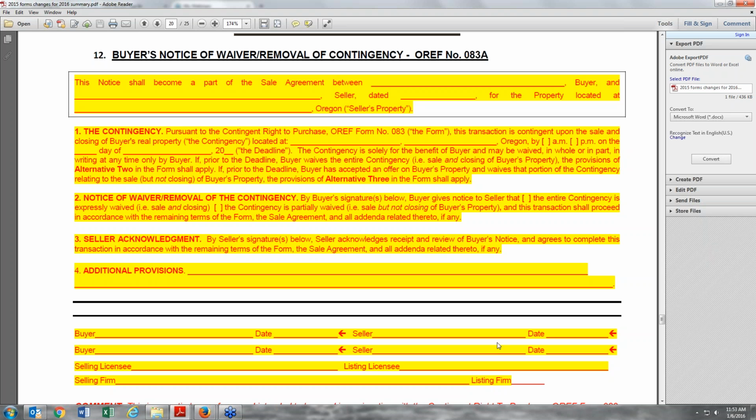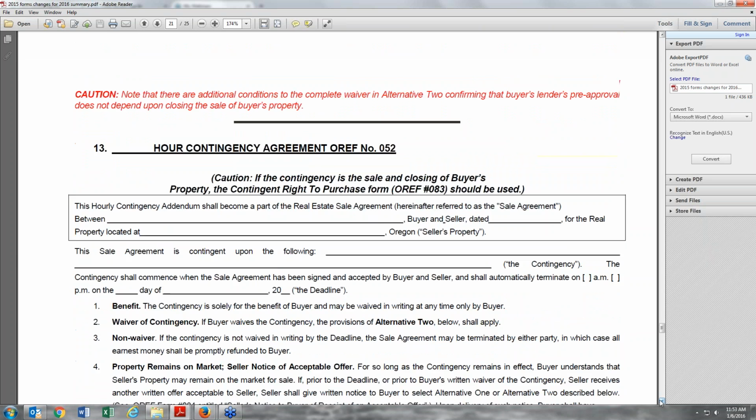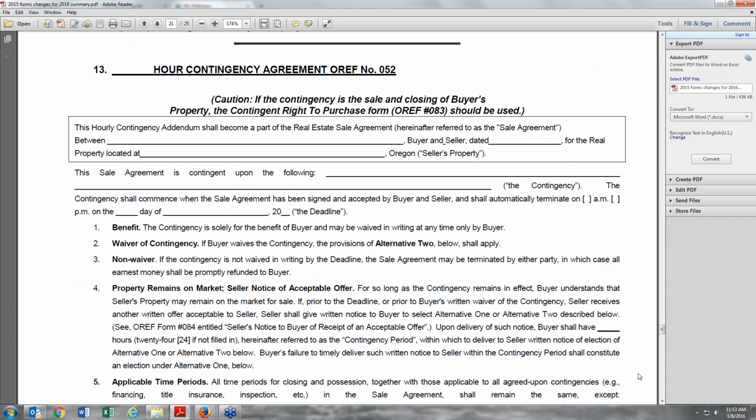Now, there's a document that's been in existence for some time called Blank Hour Contingency Agreement. I'm looking at number 13 here. It's 052. Historically, some realtors were using this when you had a contingency based upon the buyer's sale of the property, for a transaction where the offer was subject to the sale of buyer's property.